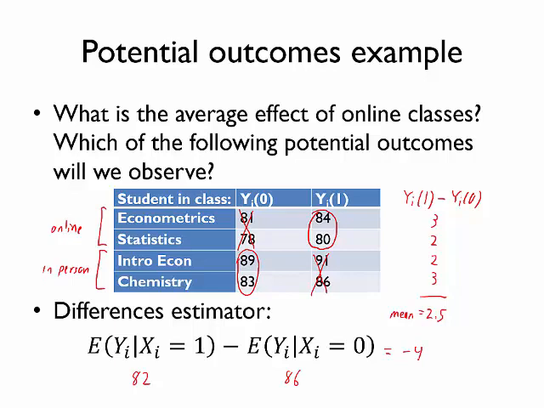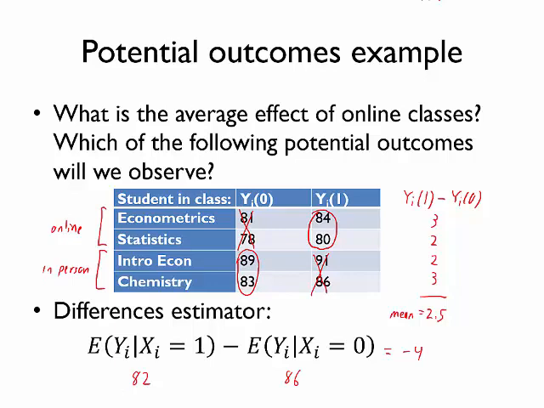So we're finding that the average scores of those who took online classes are 4 points lower than the average scores of those in in-person classes. Notice that this seems to contradict the conclusion we came to earlier, that there was a positive average effect of online classes.